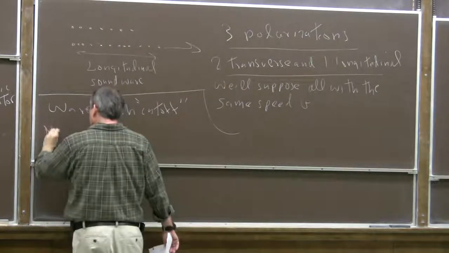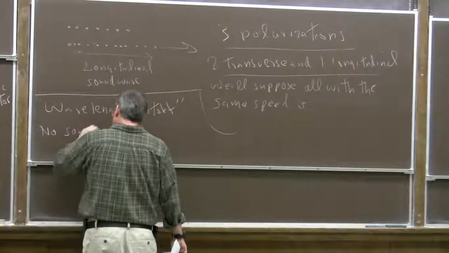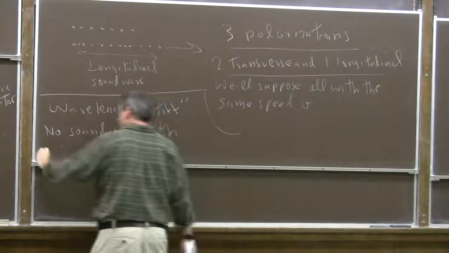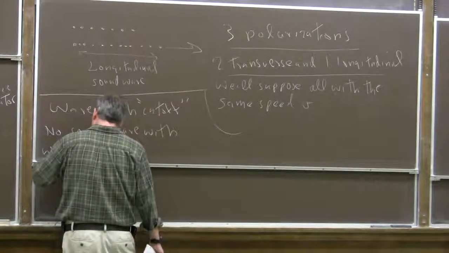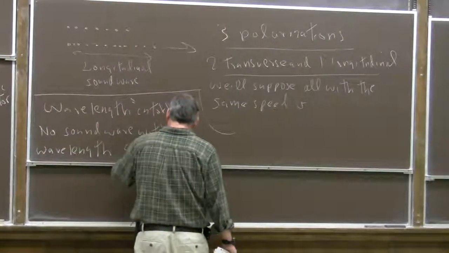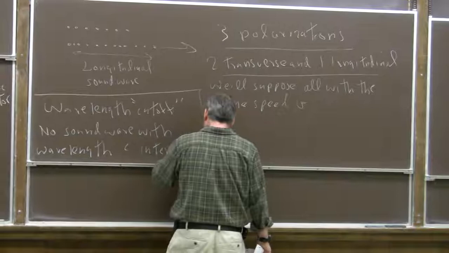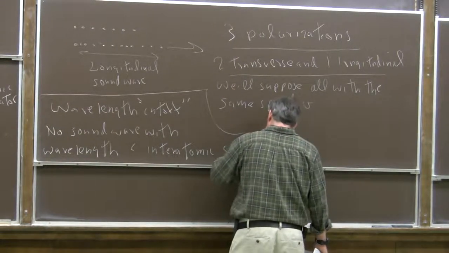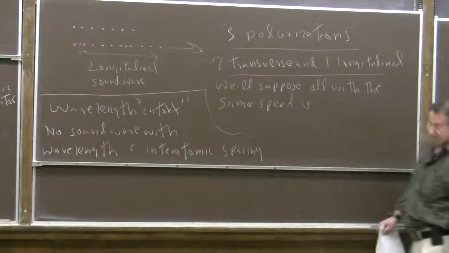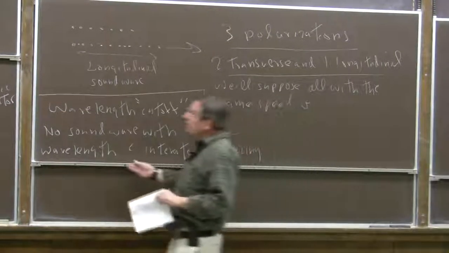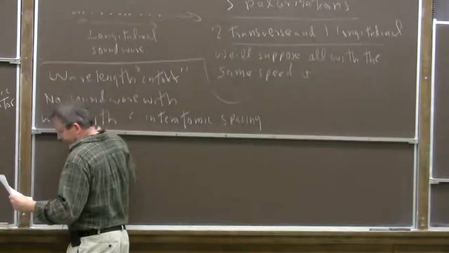So no sound wave with wavelength less than interatomic spacing, or at least not much less. So that means there's going to be some maximum frequency that we have to worry about.